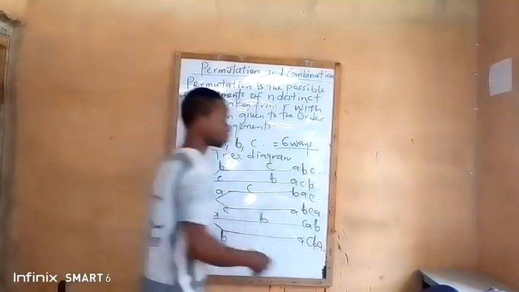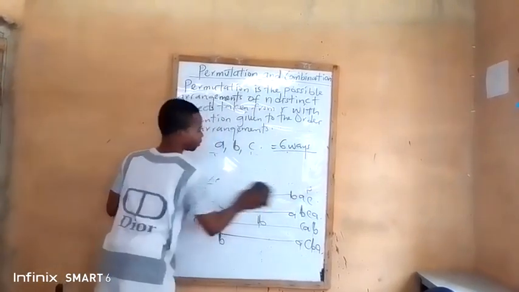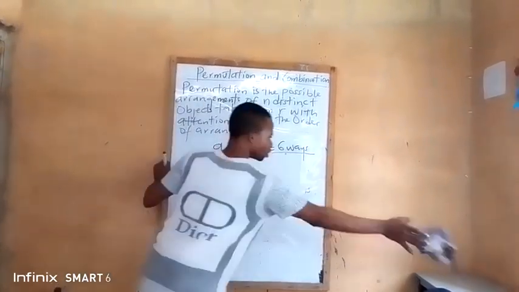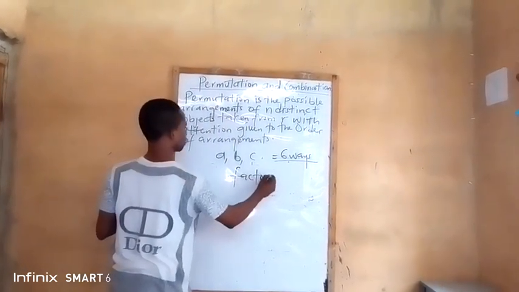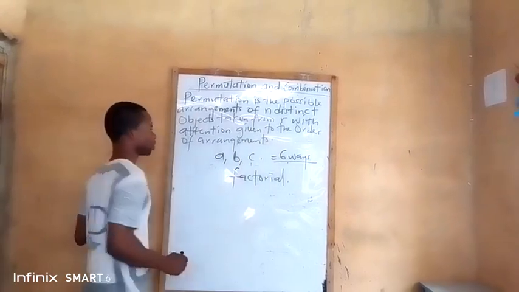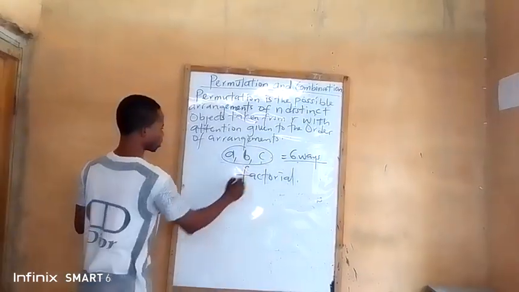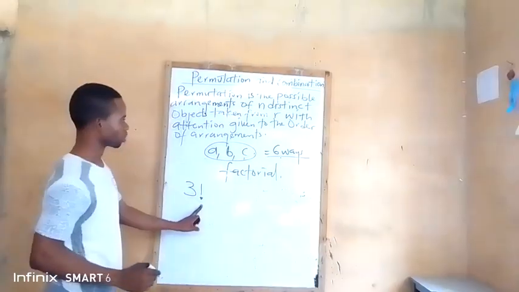That is why mathematicians came up with this word called factorial. If I have these three, the possible ways of arrangement, I will just say 3 factorial.